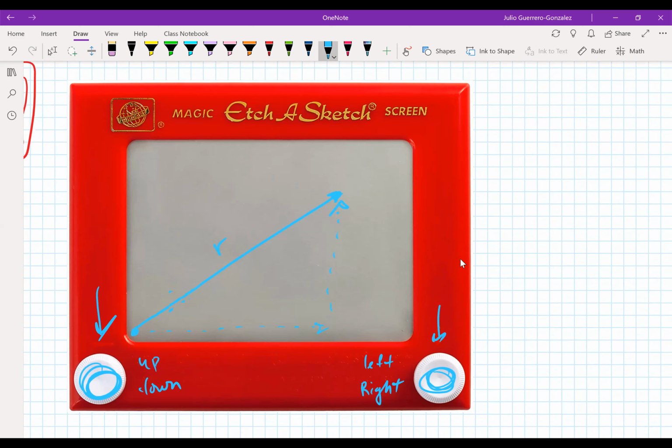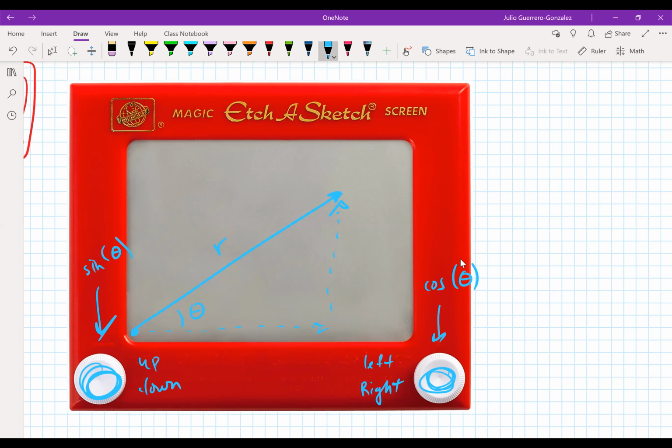Does that make sense? That right there is the definition behind sine and cosine. So this one would be sort of like the cosine, and this one would be sine. And the measure that both of these are requiring is for this angle theta right here.